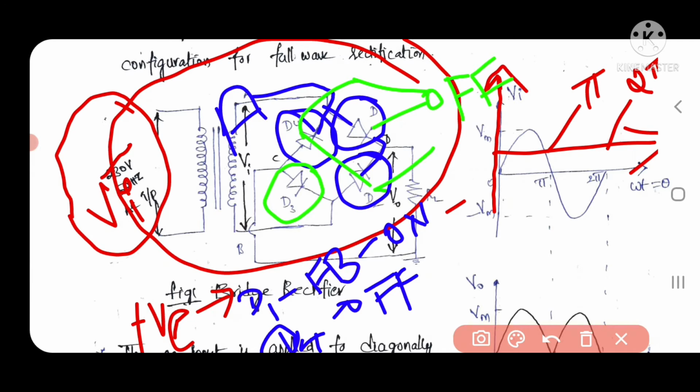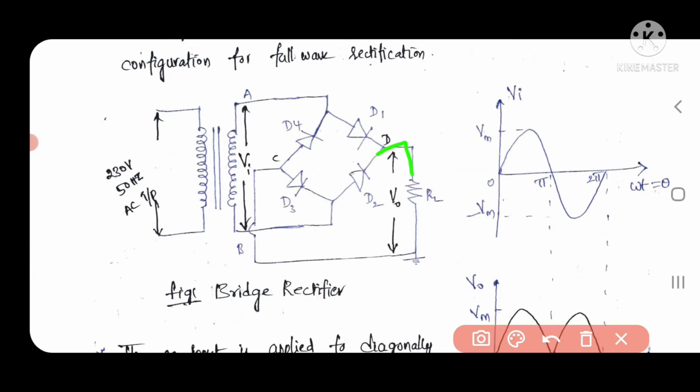That means during the positive half cycle 2 diodes are in on condition and the remaining 2 diodes are in off condition. Therefore the current passes through the load resistor RL and produces some output voltage. That output voltage is the bridge rectifier output.